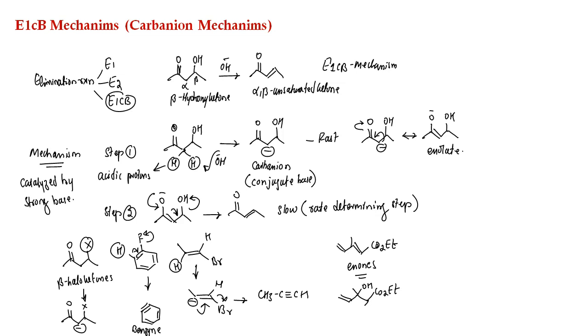Here we have an acidic proton, much like a beta hydroxy ketone, that when reacted in the presence of a base, gives the enone like product. Both cis and trans isomers. So this is known as an enone. So this is an application of the E1cb mechanism. This is application number one.